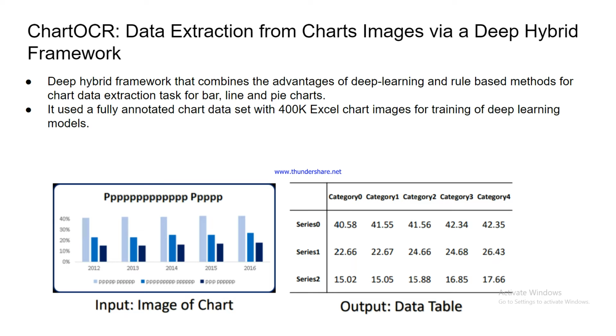One advantage is that it also works for line charts, because the previous method failed for line charts. It used a fully annotated chart dataset with 400K Excel chart images for training the deep learning model. Given an image of a chart, Chart OCR gives a semi-structured data table.